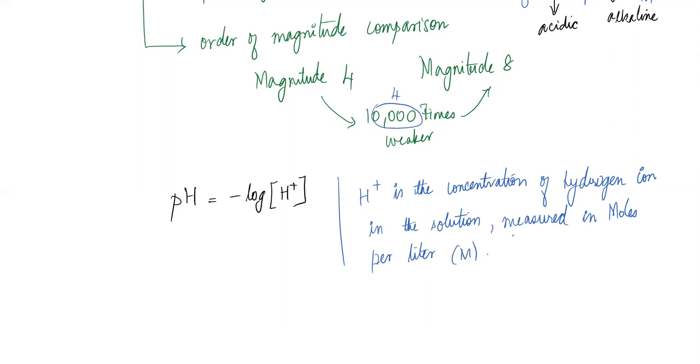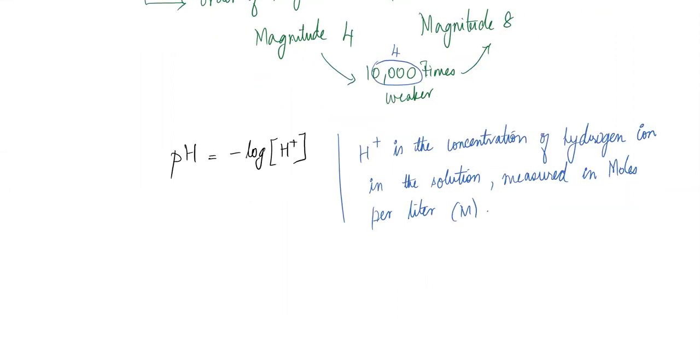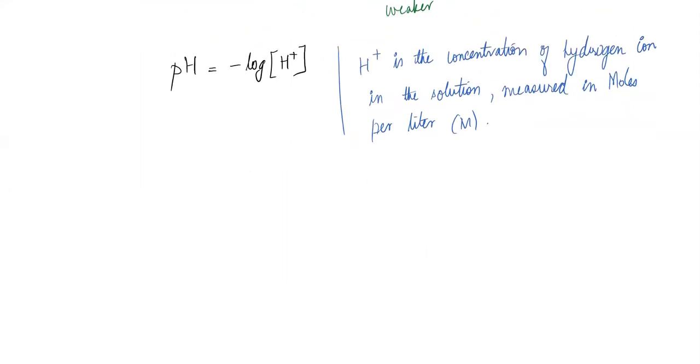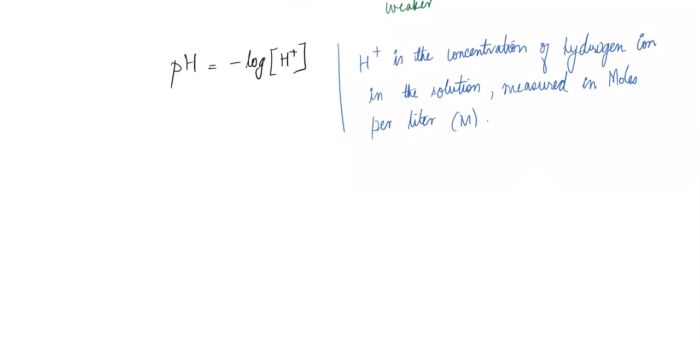You can use capital M for that. So when we interpret our answer, we really want to make sure that we include the measurement. The unit of measure here is M, moles per liter.